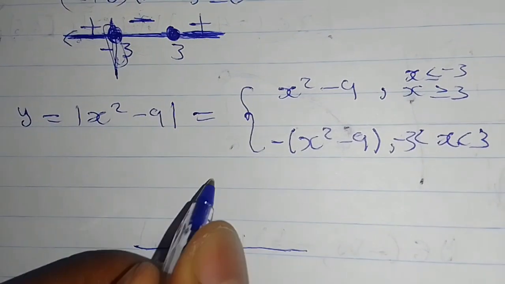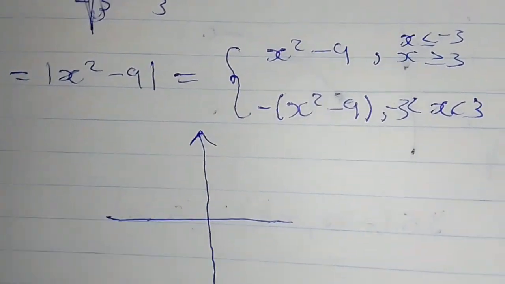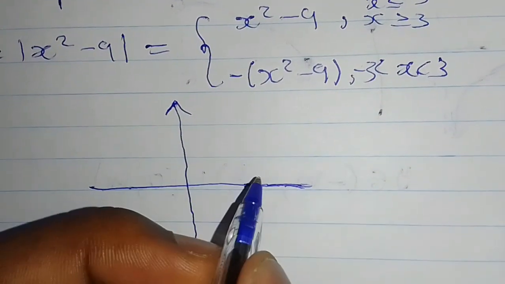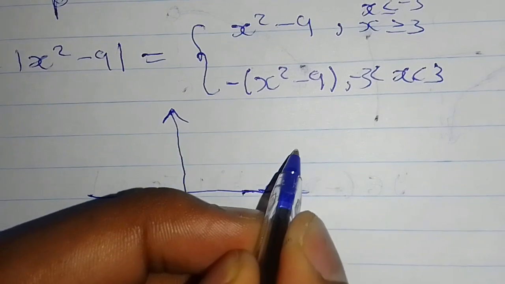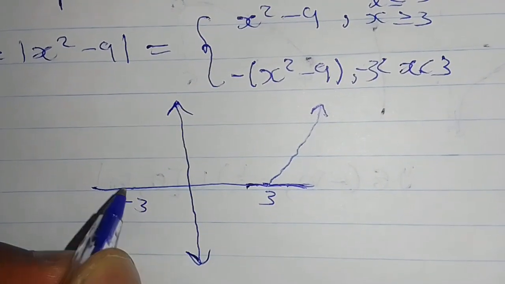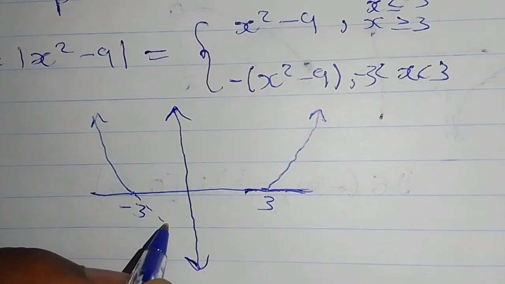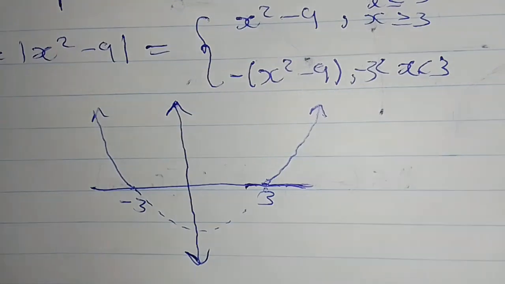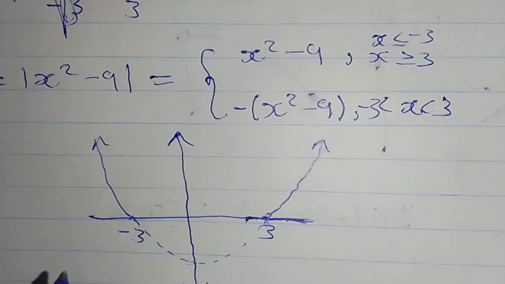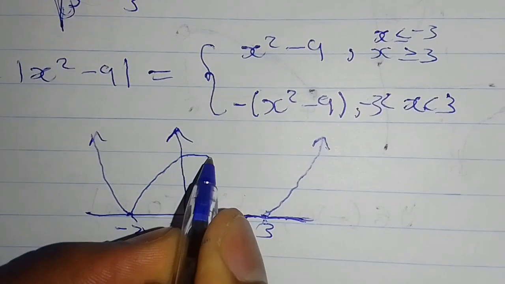So the graph is going to look something like this. Let's see, so you have this, but you have 3 there, and you have minus 3 there. That's just our parabola, right? Initially, that parabola was going to look something like this. If it did not have the absolute values, it was going to look something like this. But now, since it has absolute values, then it's going to do something like this.